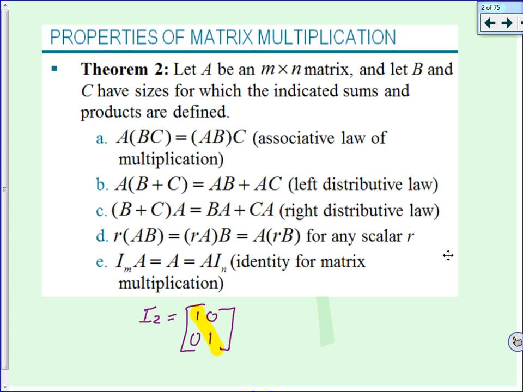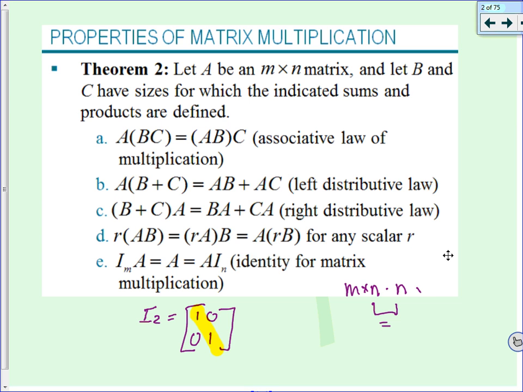Now, if matrix A is not a square matrix, that means these might not necessarily be the same I's. Okay? So you choose whatever I you have to have in order for the multiplication to work. And remember, if you have an M by N matrix, it has to multiply by another matrix that starts with an N. If it doesn't, these two must agree.